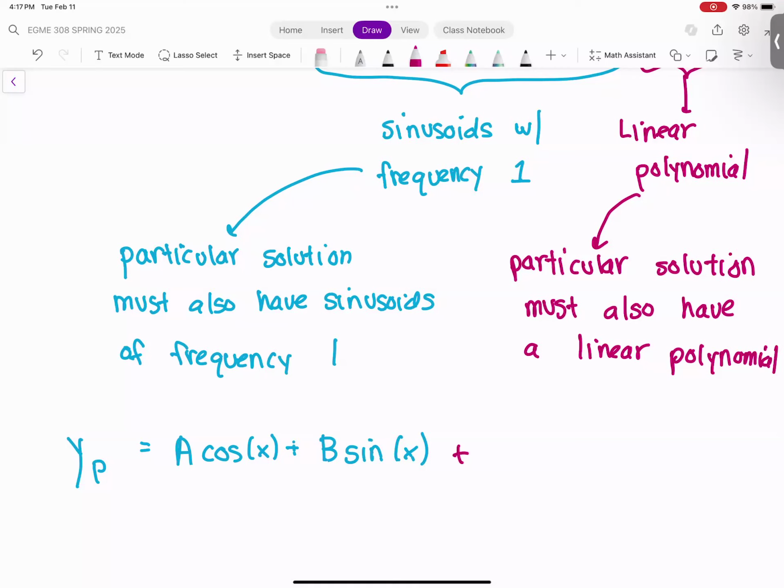And so to this, we're going to add two more terms. We're going to add cx. There's our linear polynomial, so we have some constant c times x. Now remember, when you're dealing with polynomials, you have to include all the lower order terms as well. And so we're going to add a plus d for the constant.